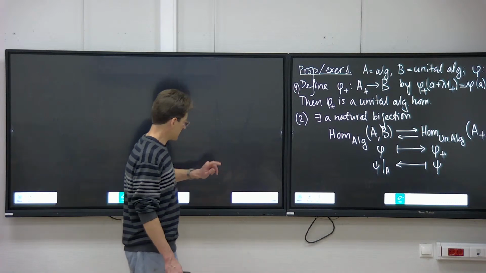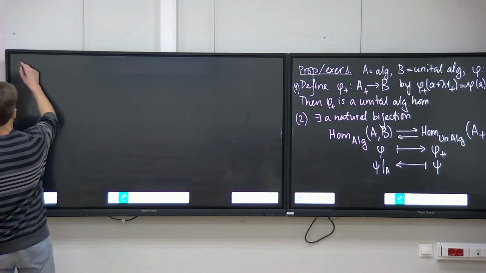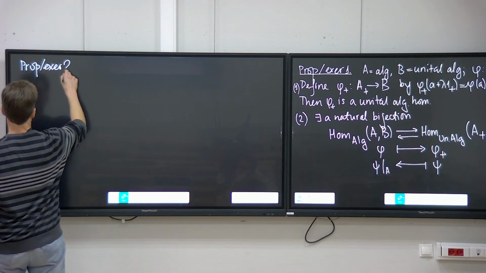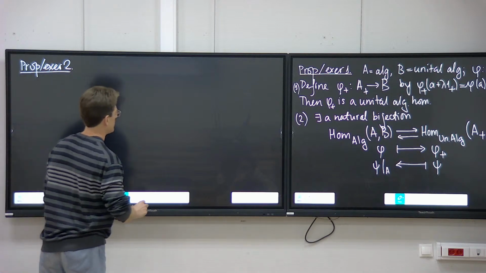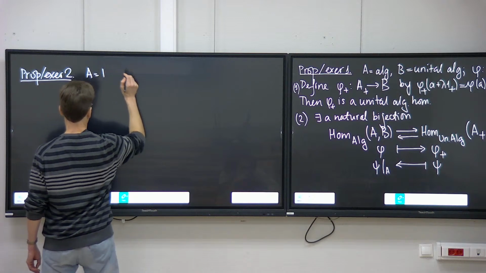And in fact, this construction easily extends to the case of Banach algebras. This is proposition exercise 2. Suppose now that A is a Banach algebra.